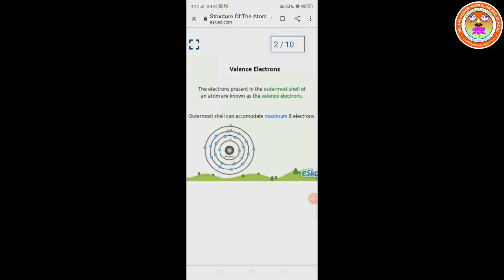The first orbital is filled with 2 electrons. The second orbital is filled with 8 electrons. The third one is filled with 8 electrons, and the last one is filled with 2 electrons.